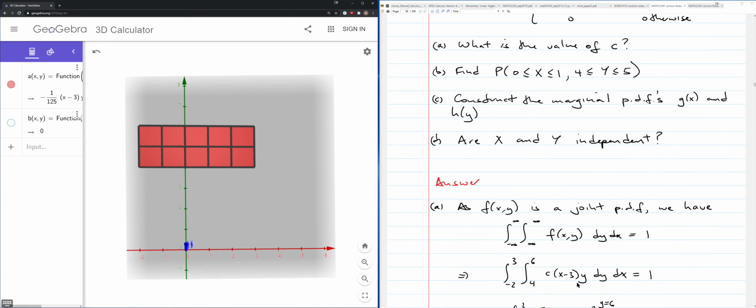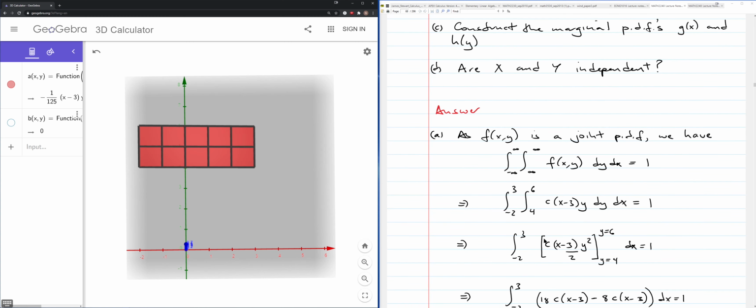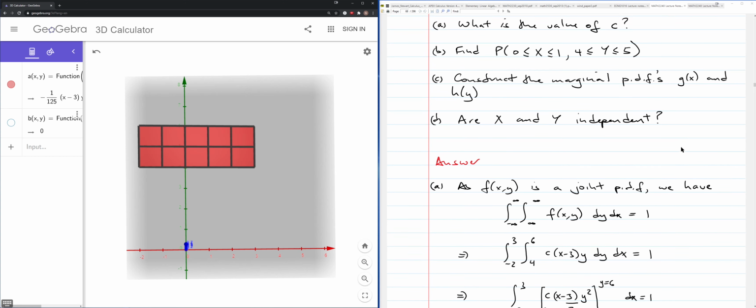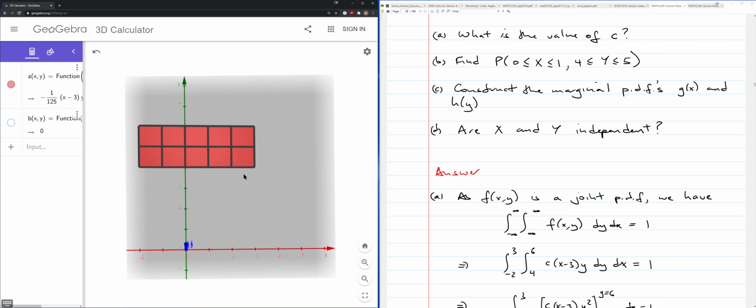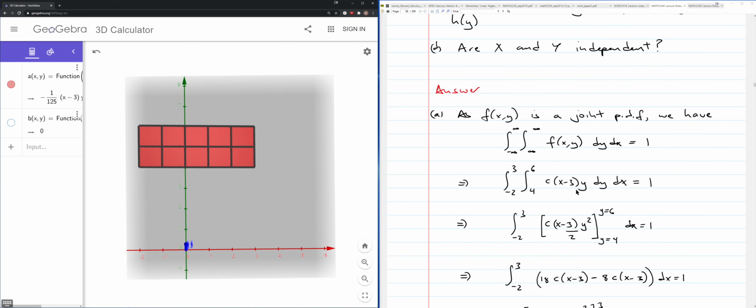As I said, the function is 0 everywhere else except on this rectangle, so all I need to integrate is on the rectangle for x values between -2 and 3, and the y values between 4 and 6. Okay, so that's what I'm doing over here, and this is your double integral over this rectangular region.